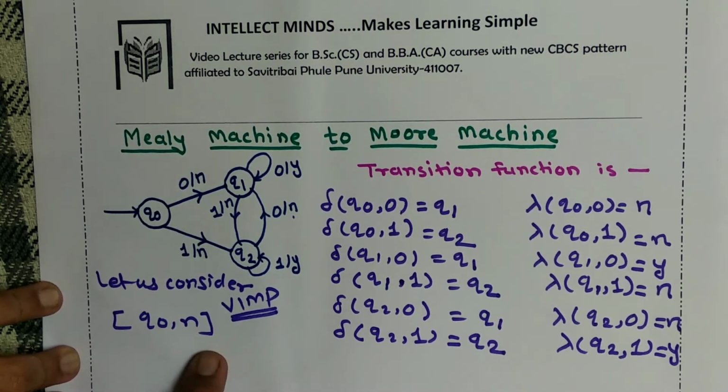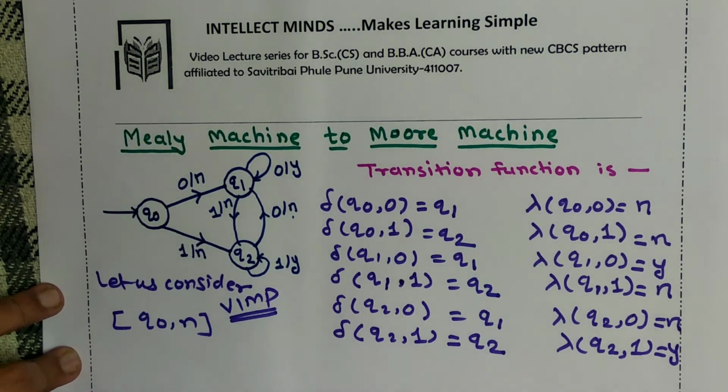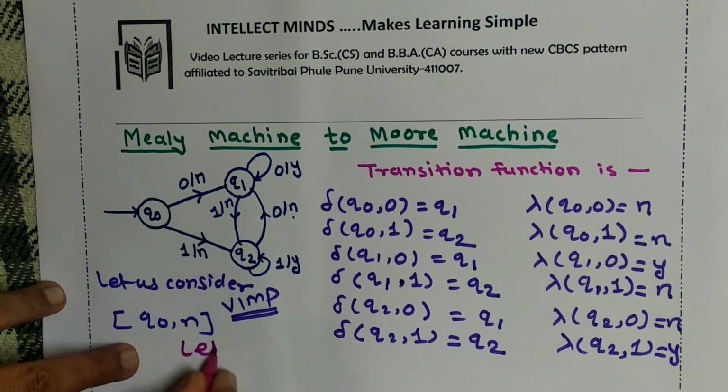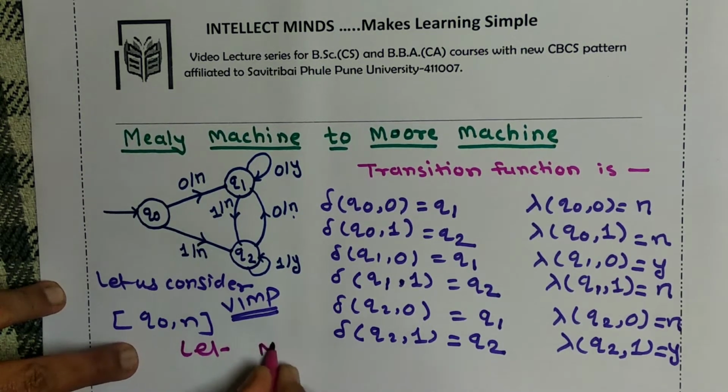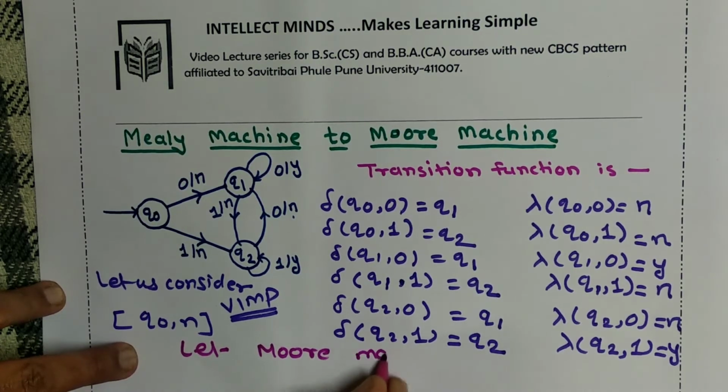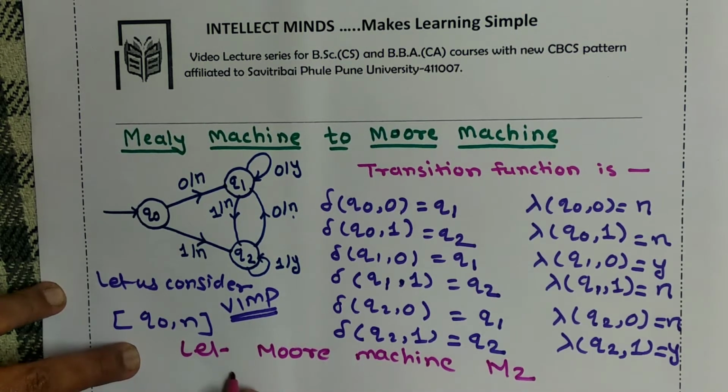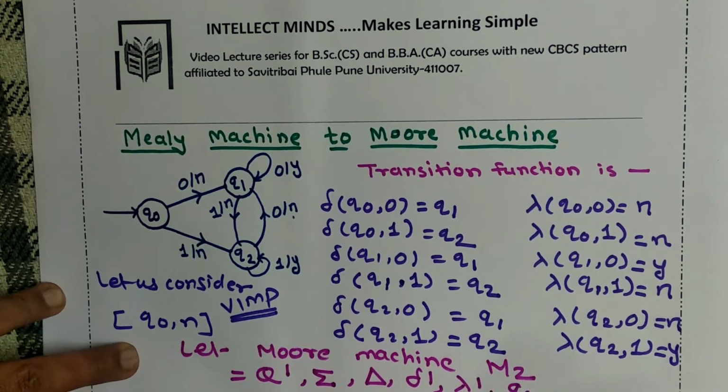Now next we have to mention the Moore machine's tuples. Let the Moore machine be M2. Its tuples I can write: Q dash, the set of states, then sigma, the input alphabet, delta dash, lambda dash and Q0.